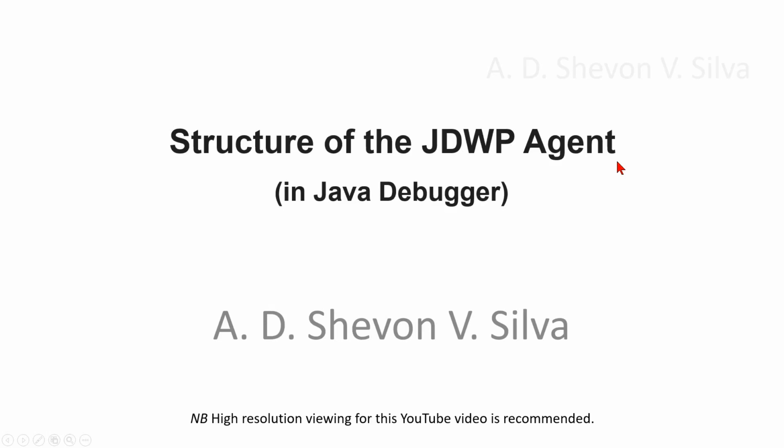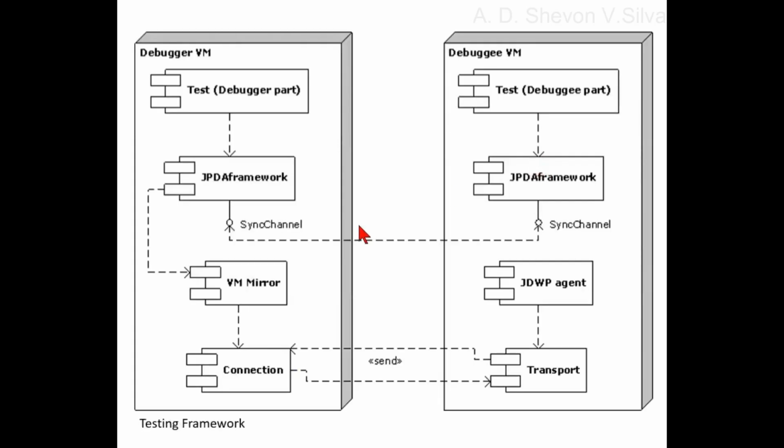Structure of the JDWP agent in Java Debugger. Now here you can see the testing framework in JDWP tests.